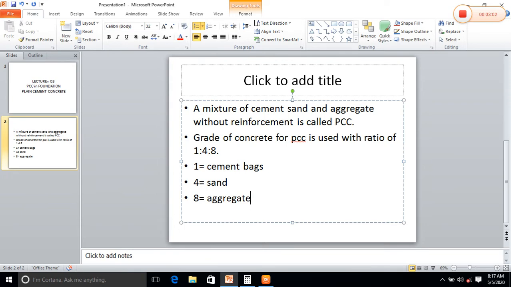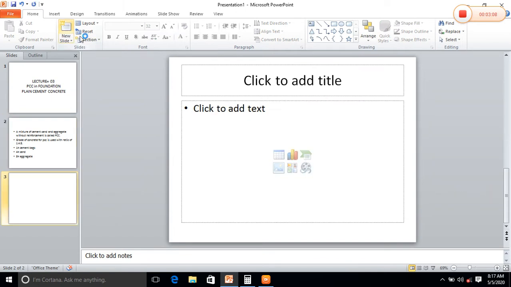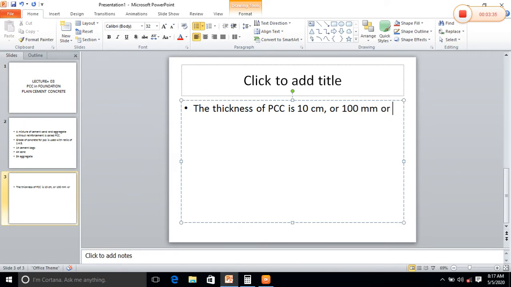Okay, and the thickness of PCC is 10 centimeter or 100 mm or 0.10 meter or 3 inches to 4 inches.